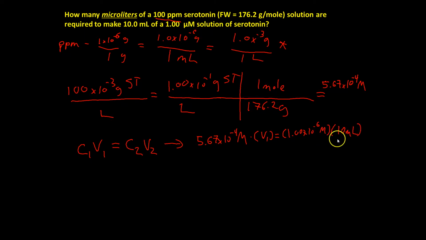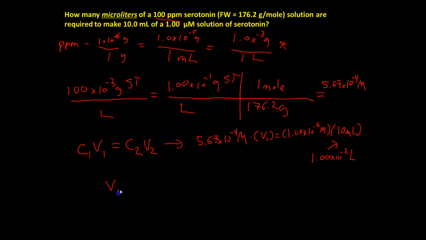And again, if you want to convert the 10 milliliters into liters, you can do that too. Either way will work, and that would be 1.00 times 10 to the minus 2 liters. These are both the same thing. So if we go through, basically we multiply these two together and divide by this to get V1.